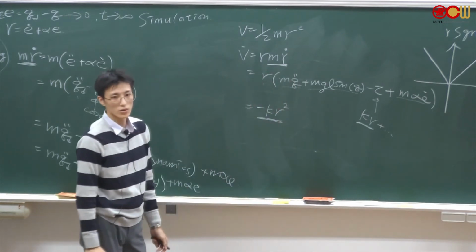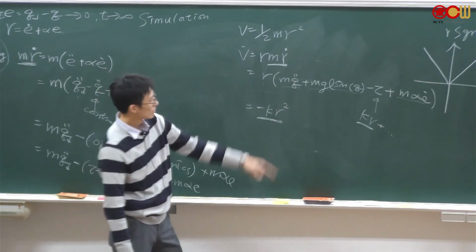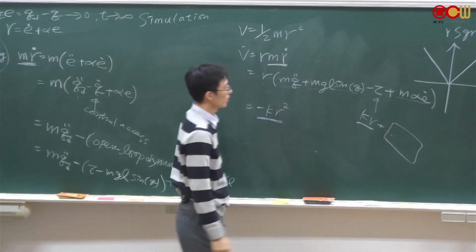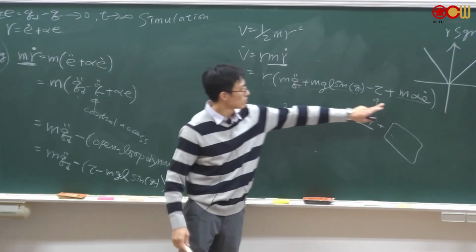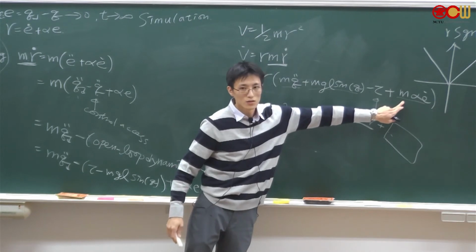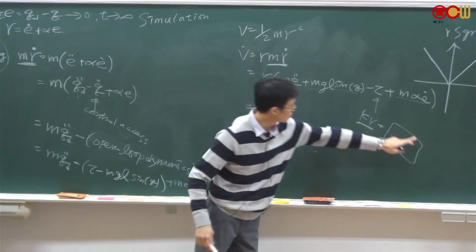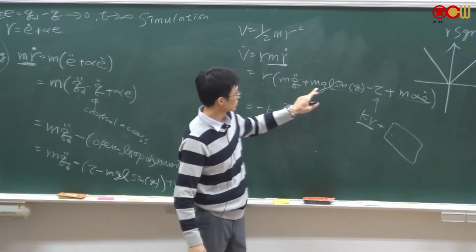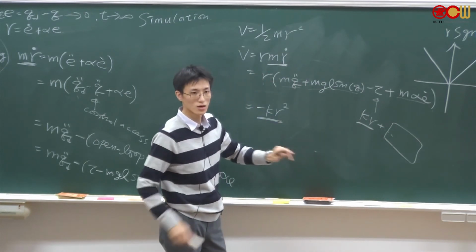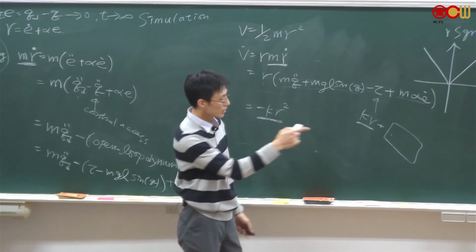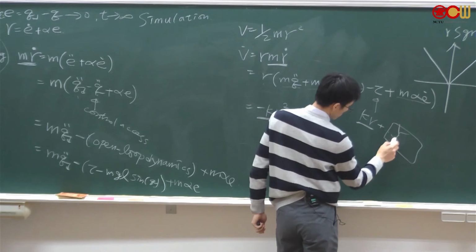You have 3 other terms to be canceled by some term you design here, and these are unknown. So you cannot design some known term to cancel these unknown terms. Okay, that doesn't happen. So what I will do here is adaptive control.